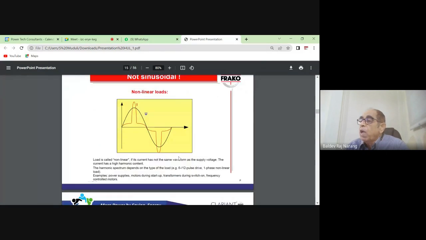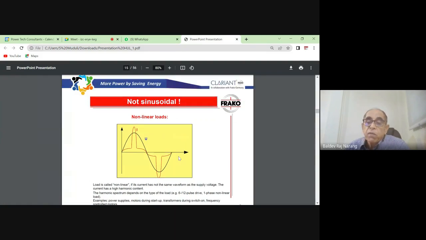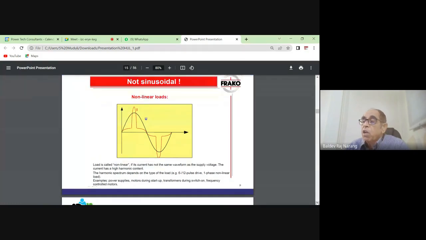And then what is this non-linear load basically? Suppose our supply is 50 hertz, a pure sine wave, whatever we get from the utility. But suppose the current drawn by that load is not following the same pattern, it is not a sine wave, it is having a distortion. That means the load is non-linear, like in a variable frequency drive.